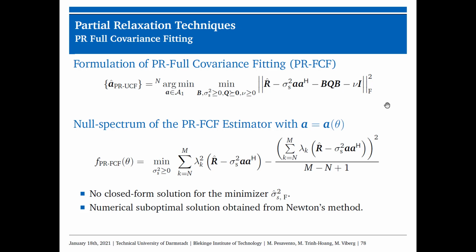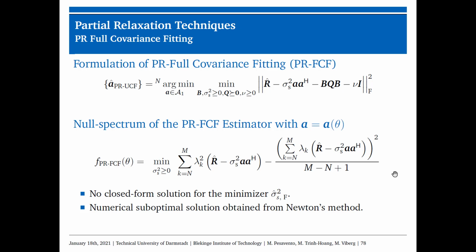With this complete formulation, the computation of the null spectrum is rather complicated, where in each direction we have to solve a one-dimensional optimization problem with respect to sigma s squared. Again, we can use Newton's method to compute the null spectrum of the PR-FCF method, so full covariance fitting.